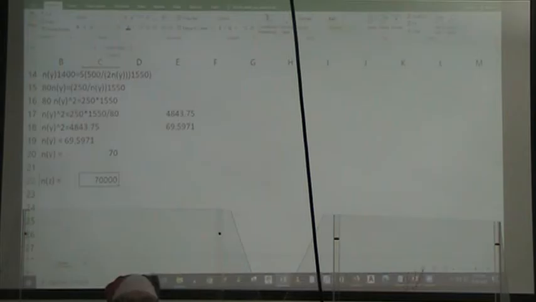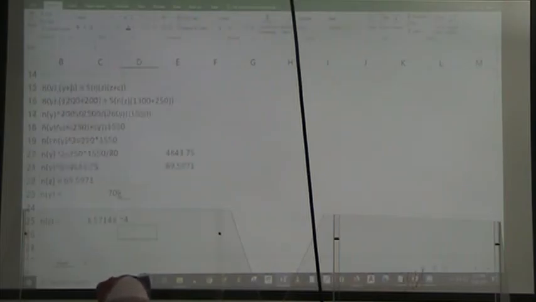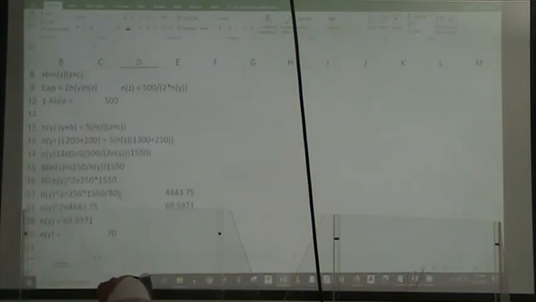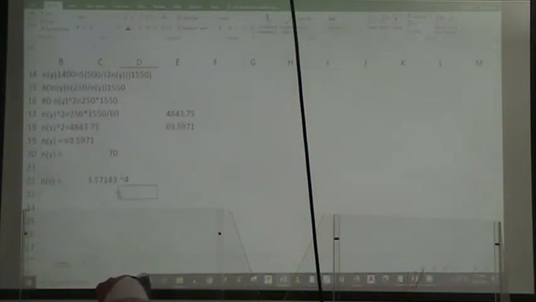Oh, no, divided by 140, that's where I made my error. So nz, I'm going to call it 4. Call it 4. Okay.